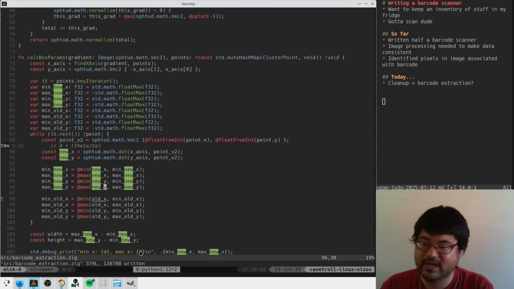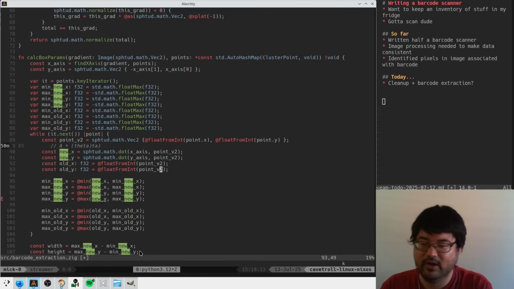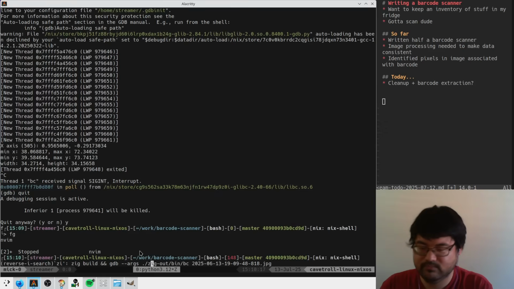And then old x is float from int point v2. Old y is like. All right.